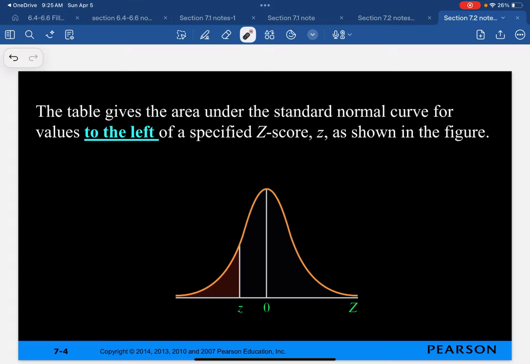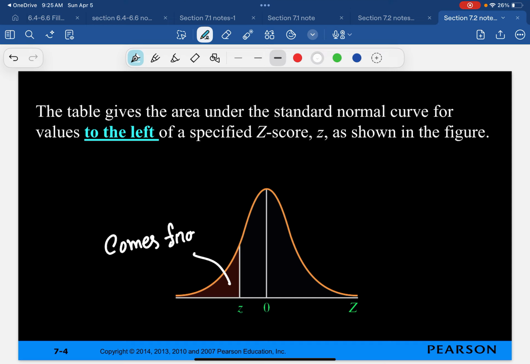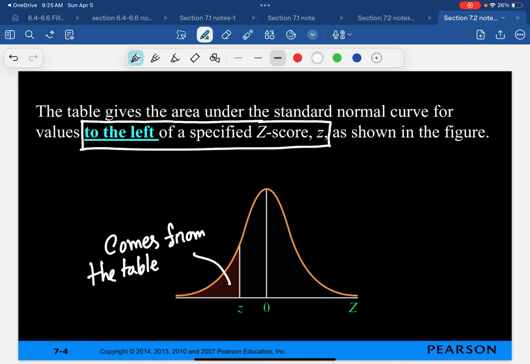If they give you a specific Z value, the area to the left of that Z score comes from the table. Okay, a very important thing to remember is that the table only gives you the area to the left of that Z score, not to the right, all right? So this is a very important thing to remember.